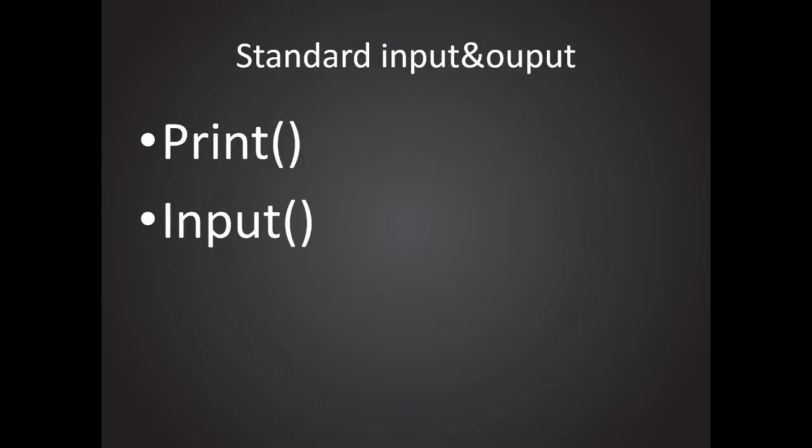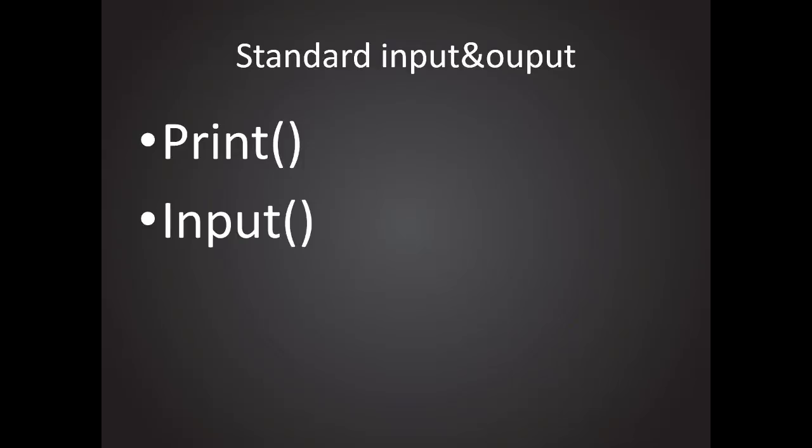Print means that we can print something on our screen. It's quite useful when we want to know what's in a variable. Input, on the other hand, receives the user's input, and we often assign the received value to a variable so that we can use the value later.